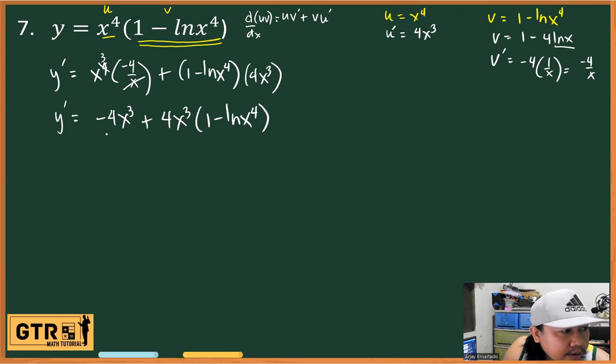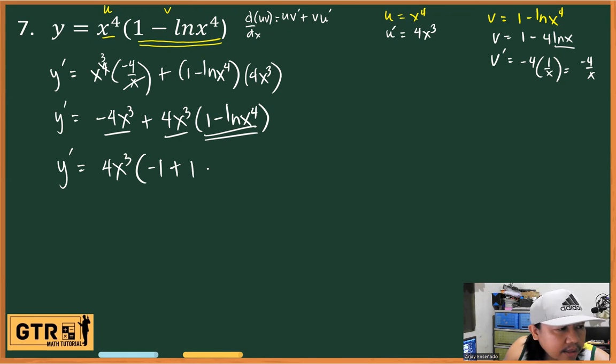And then we can factor out the common factor. They both have a factor of 4x cubed. Or we can distribute or factor out. It is the same answer. So we have y prime is equal to, if we factor out 4x cubed, so we still have the negative here. So we have negative 1 plus this term 1 minus ln x to the fourth.